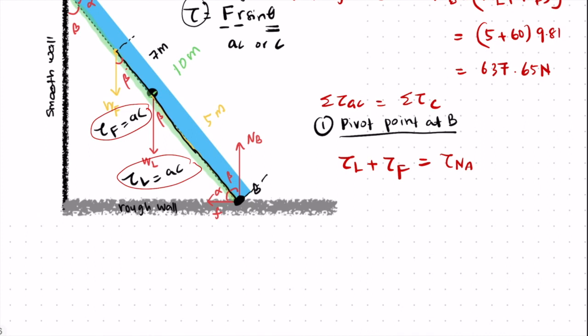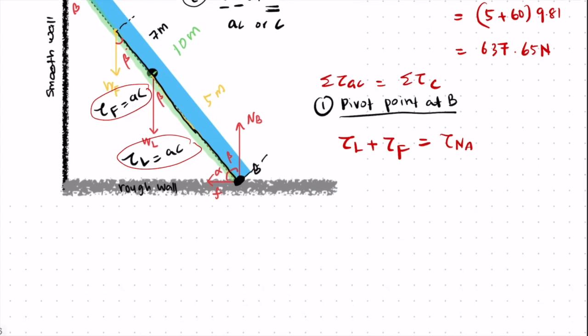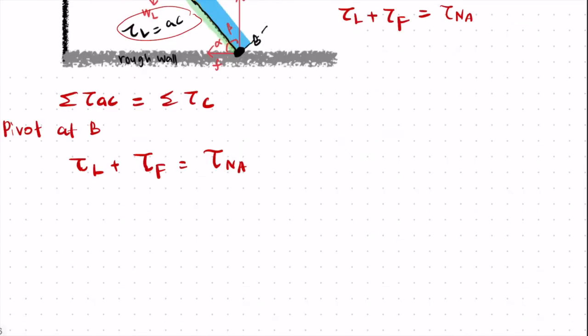Then torque is equal to FR sin theta. F here for L is W, WL. Remember, torque is equal to FR sin theta.